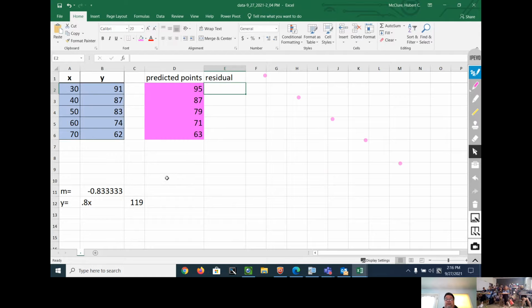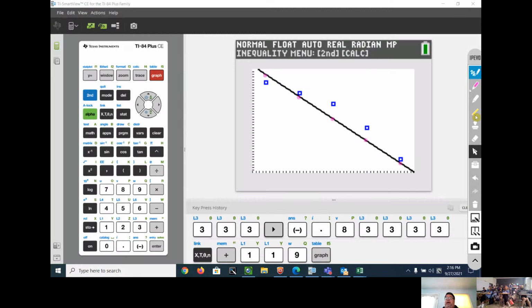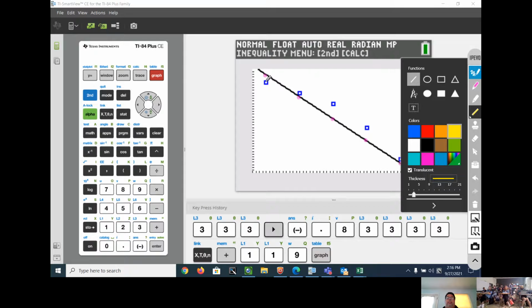So I'm going back to my calculator, and I'm going to take my yellow line right here. It's not going to cooperate with me, but we got to find that yellow line.